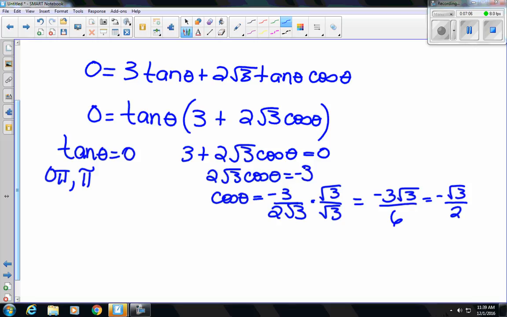So, where on the unit circle is the cosine root 3 over 2? Pi over 6. So I needed cosine to be negative. That was second and third quadrant. Any questions on this one? Okay.